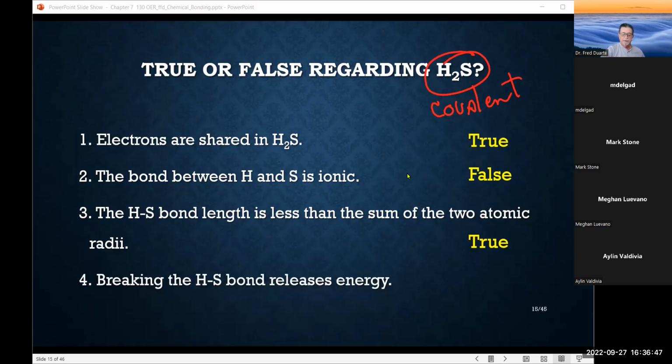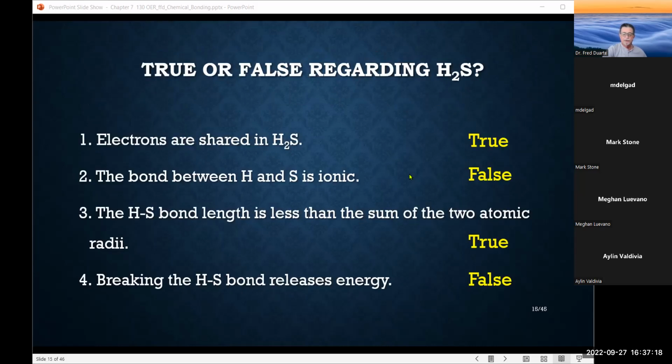And then, breaking the H-S bond releases energy. Now, what do you guys think? Breaking the bond, remember, requires energy, so that would be a false statement. It wouldn't release energy, it requires energy. Those are the type of questions you might be asked concerning energy and bond lengths and so forth.